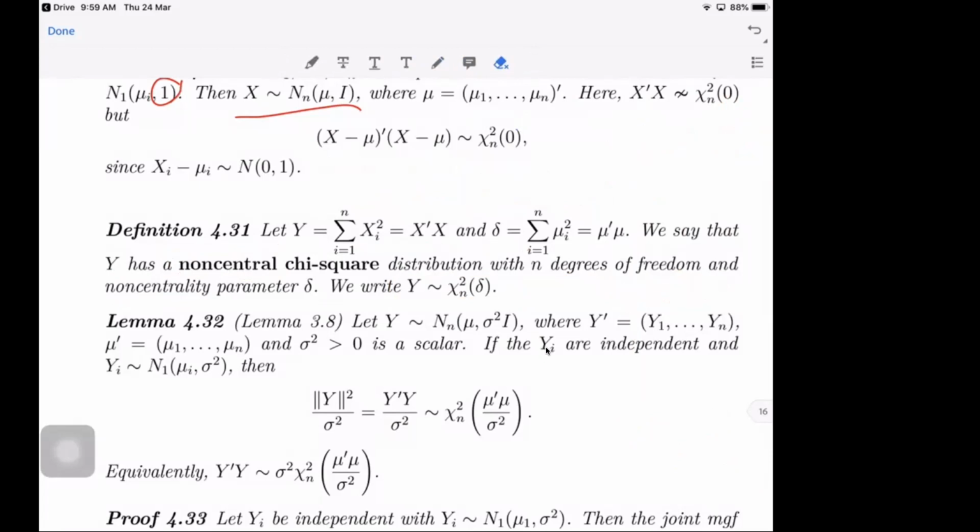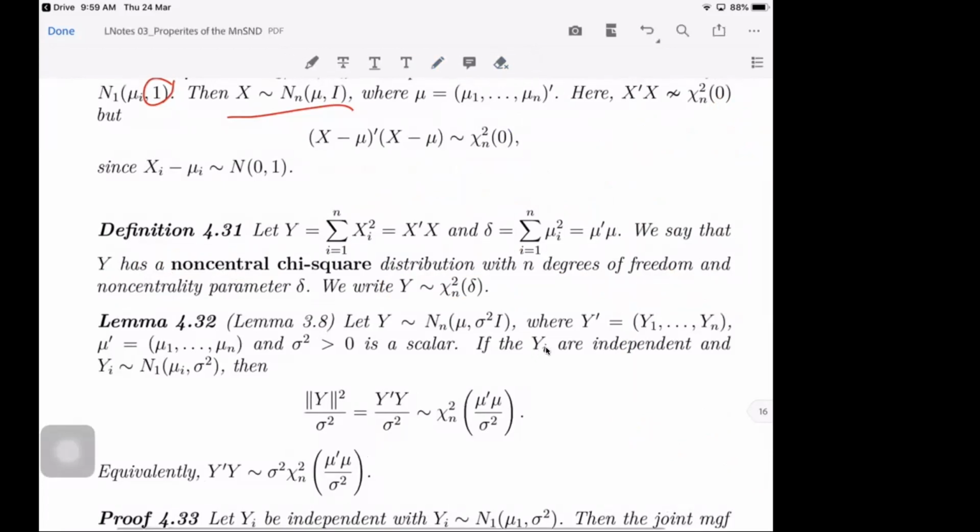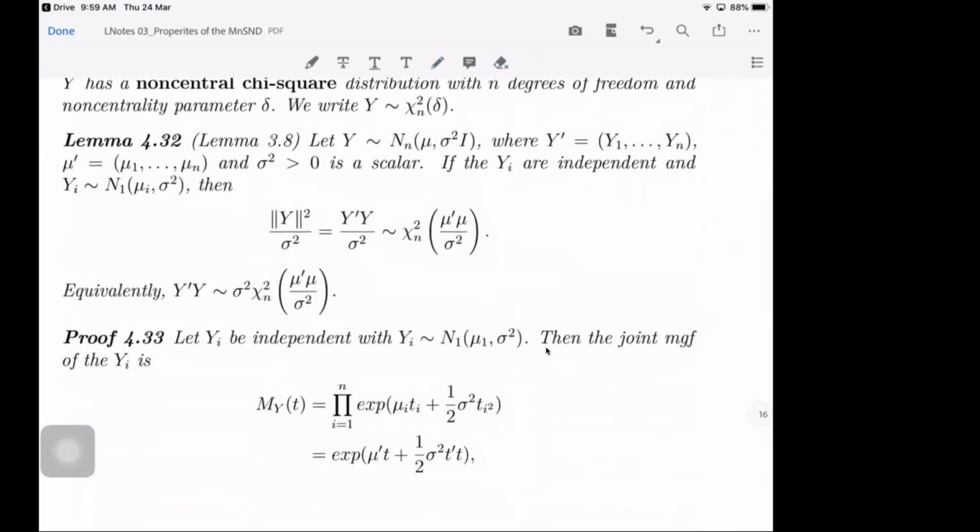Okay. So this is the first result, Lemma 3.8. Observe that you have a y which is normally distributed. It is not standard normal.